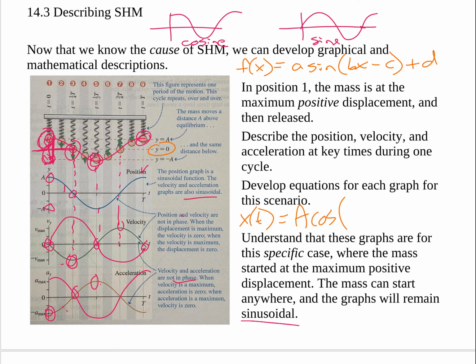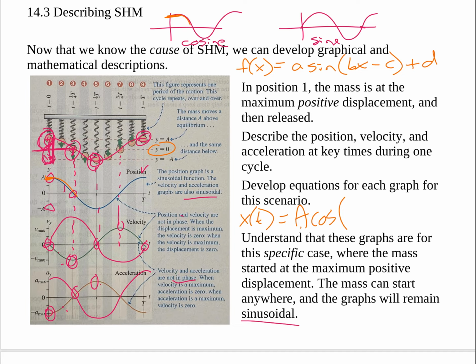So there is no d value in this one, so d is just 0. A is the amplitude, so whatever our amplitude is, that's that number, okay? Because cosine is supposed to start up here and then go down, and our graph starts up here and goes down, we did not reflect it, so it's just a positive A value.